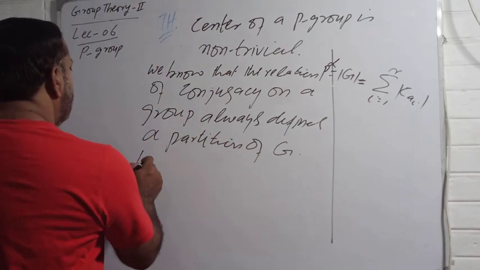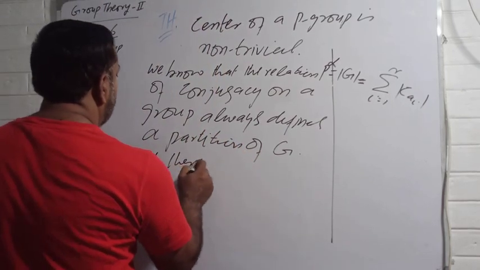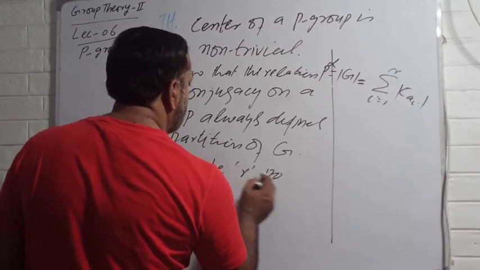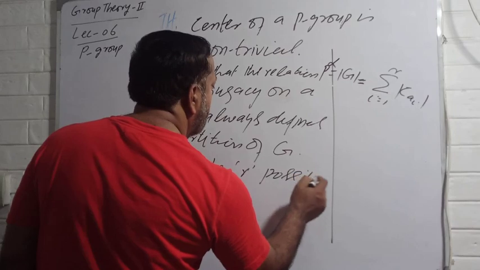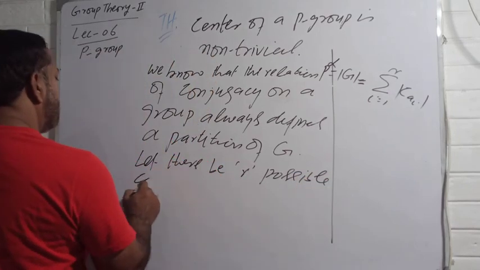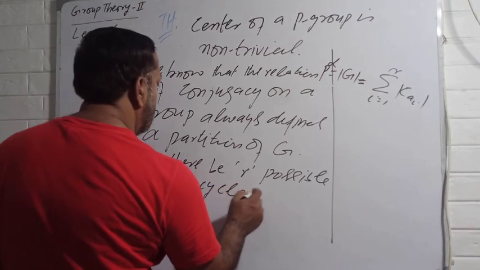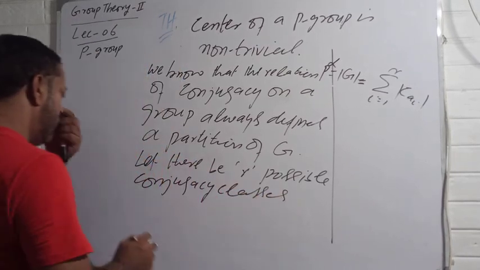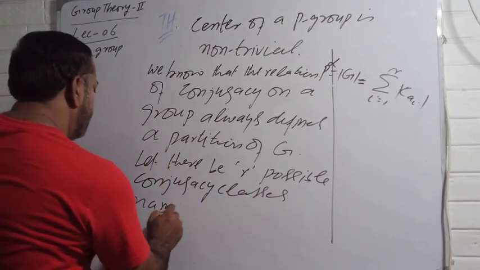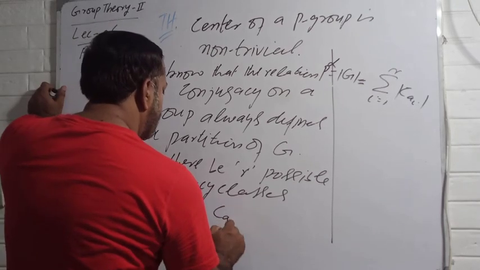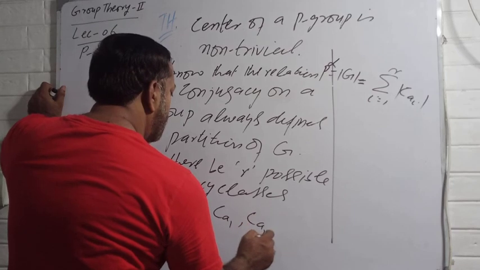So let there be all possible conjugacy classes, namely C(a_1), C(a_2), up to C(a_r).